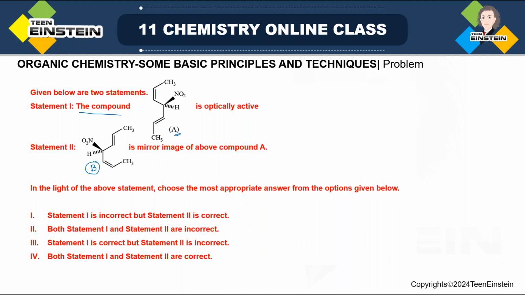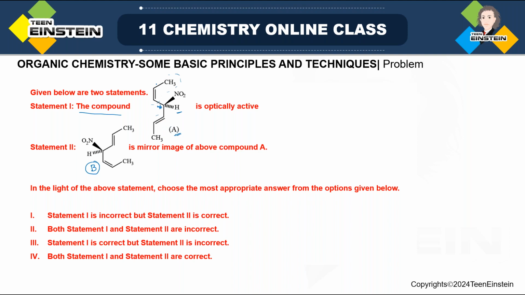First come to the first molecule. This center is a chiral center, isn't it? Why? If you are asking me why, the answer is we have 4 different groups: H, NO2. Now this side we have C=C-CH3, and you can think this is also C=C-CH3, then how are these two different?